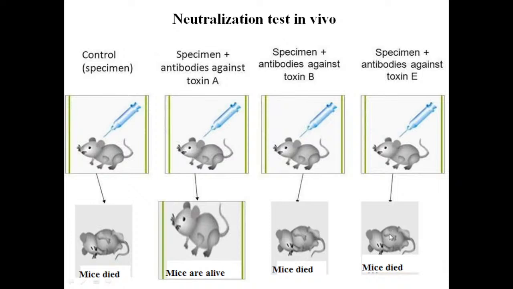It means that in this case it is the same, toxin was not neutralized by antibodies. They are not specific to each other. It means that these antibodies are not against this toxin. So by this method we can detect which toxin is produced.